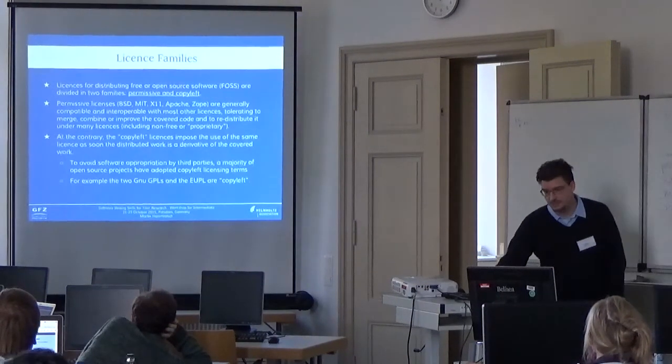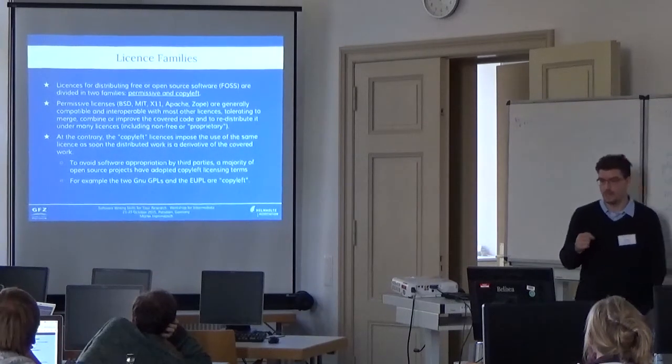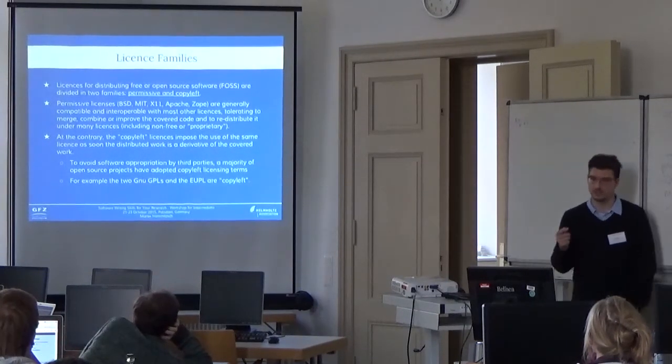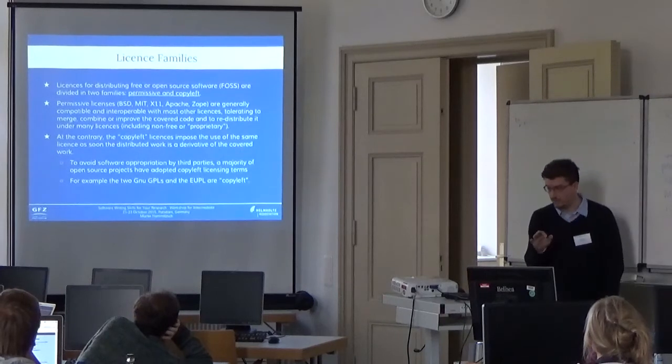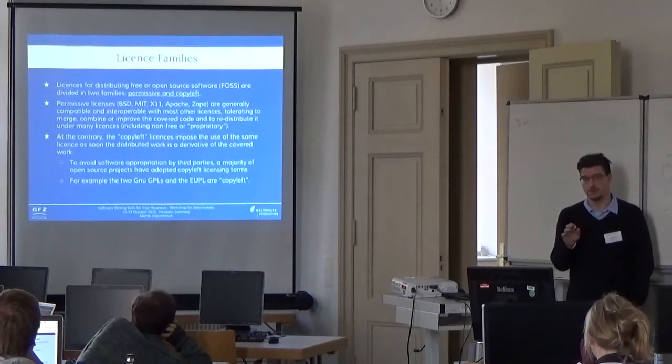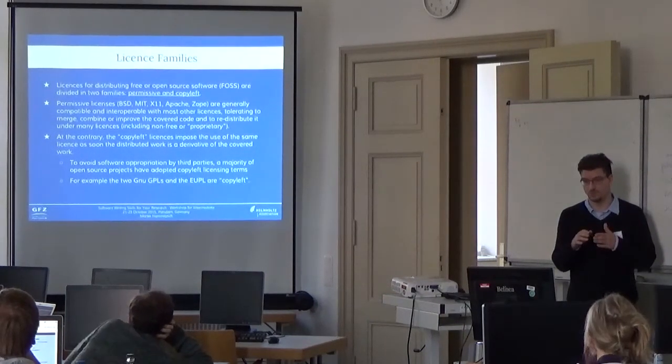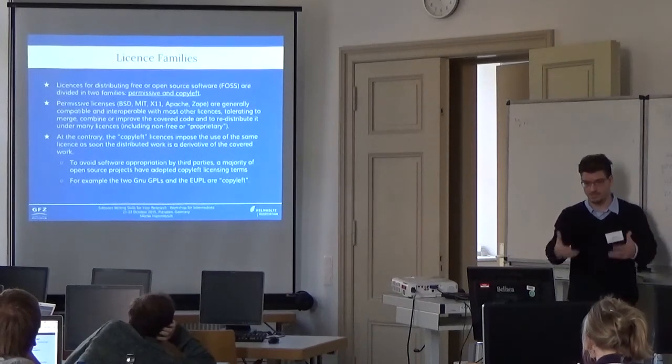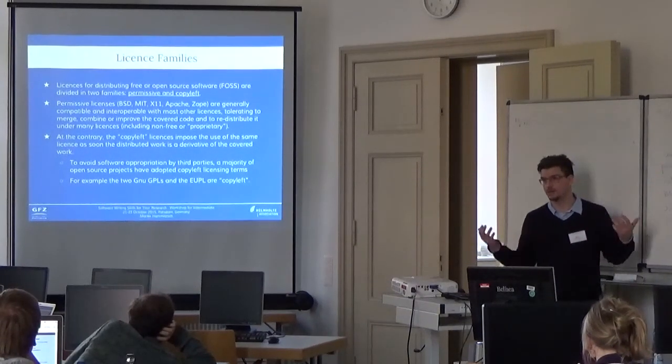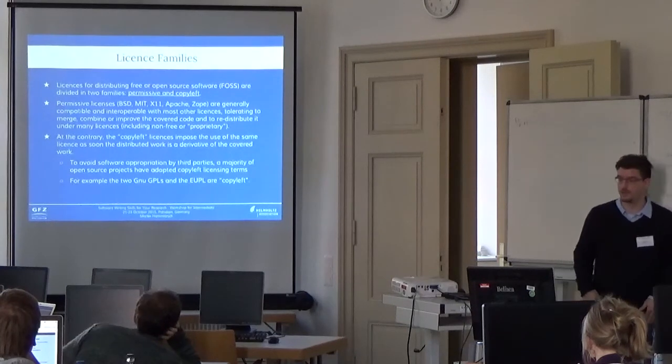And basically, this means if you take a library which is GPL or which is under a copyleft license, it means you have to provide your code, which is based on GPL, again under GPL or the other copyleft license.